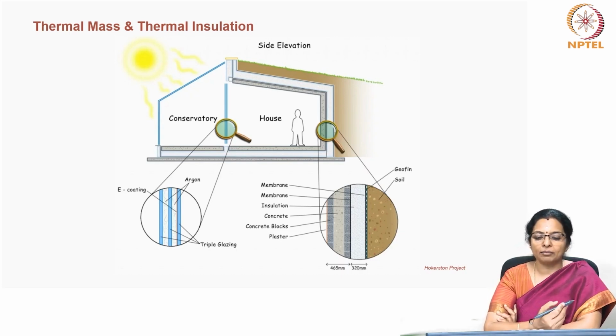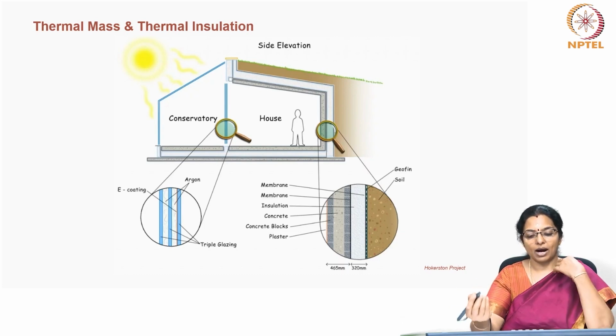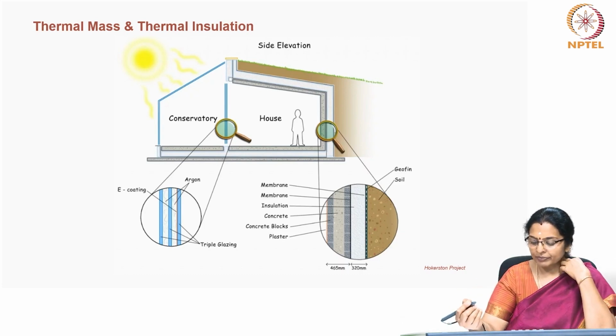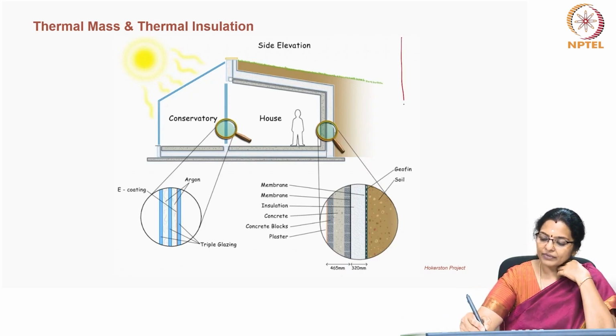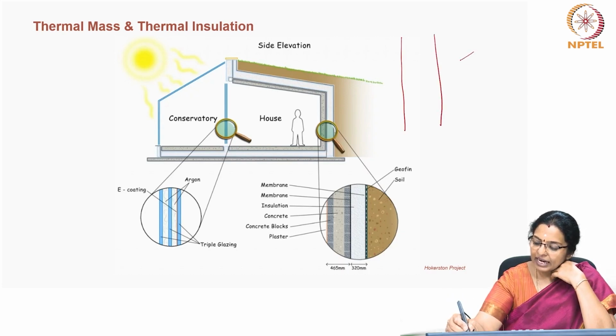So, when you use thermal mass and thermal insulation, what happens is, if there is a particular building material and heat strikes on it, the thin film of air adjacent to this surface gets heated up.